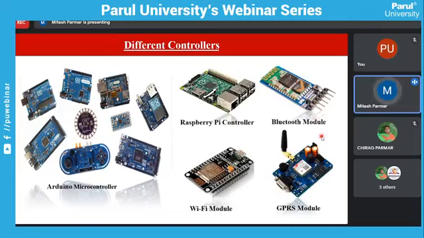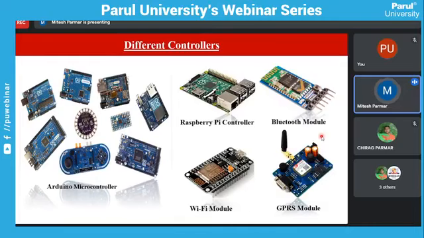Then as we are discussing how IoT systems work, there is a sensing part, then a communication part, and then a data processing part. All of these sensors are connected with some kind of controllers, because any sensor will sense only a physical quantity, and from that we have to transfer the data into the IoT cloud.